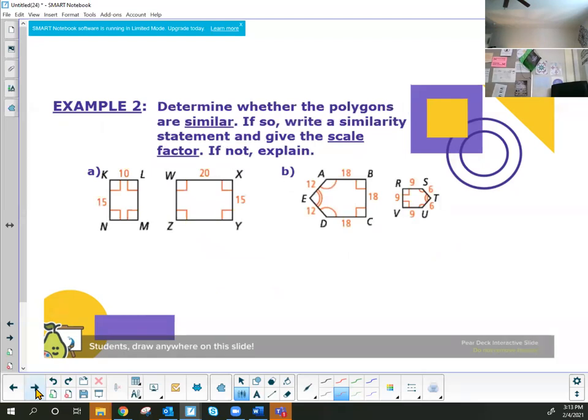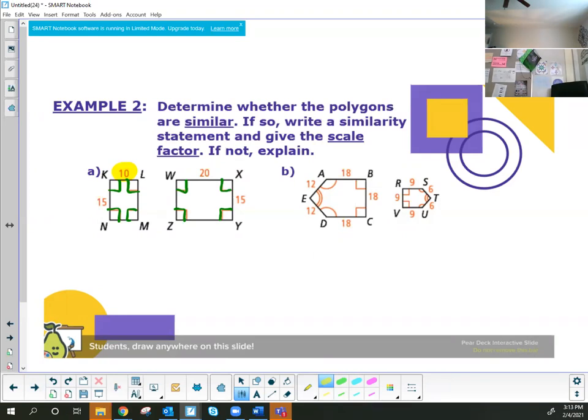Let me do these real quick to show you how to go about it. Let's say I wanted to determine if these two shapes are similar. The angles are the same on those shapes, so that checks off. Now I need to check that the sides are proportional. The 10 goes with which side over here on the right?